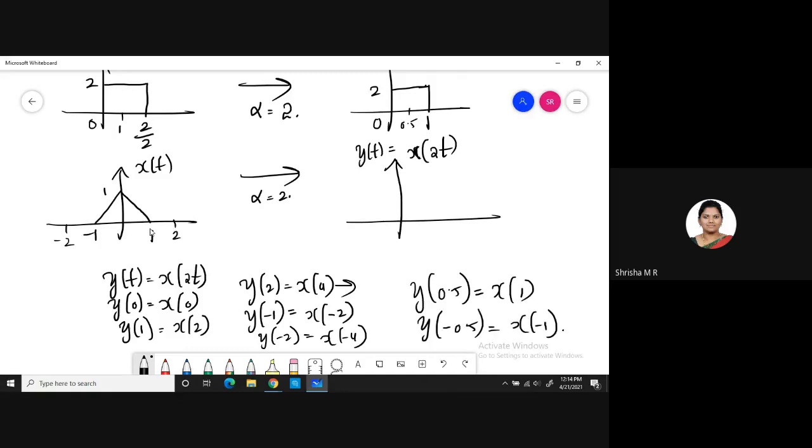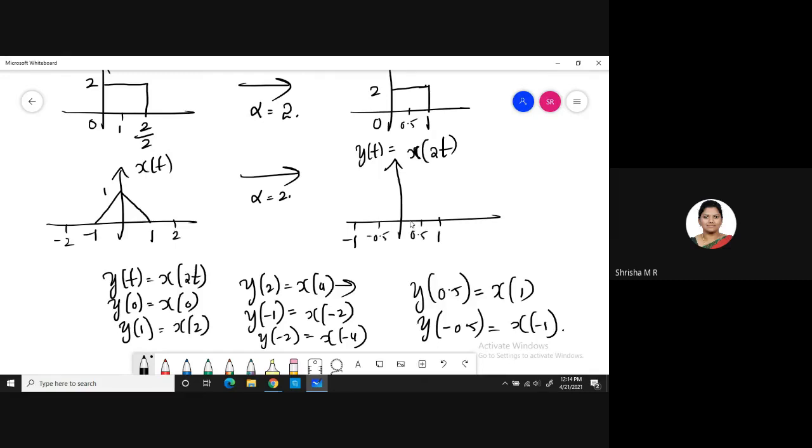So what happens to your signal? At instant y equal to 1, we have x of 2, and at 2 it is 0. Because it's a continuous time signal, we can take any values between 0 and 1.